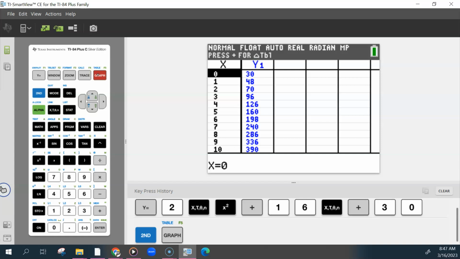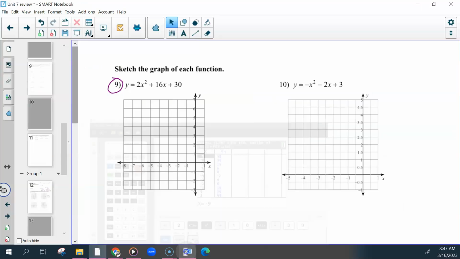You're looking for where your y values repeat. So if you don't see any repeat, you have to scroll up or down. Here I start to see a 16, a 30, a 48. Where's the middle of those? Say that again. Or -2.